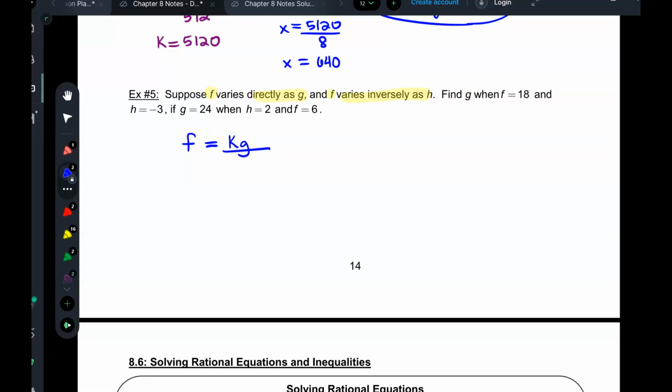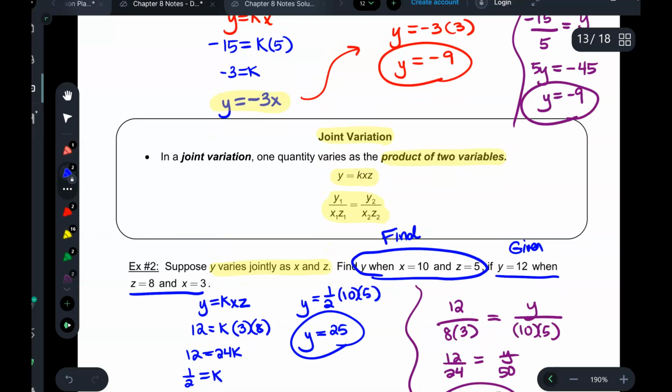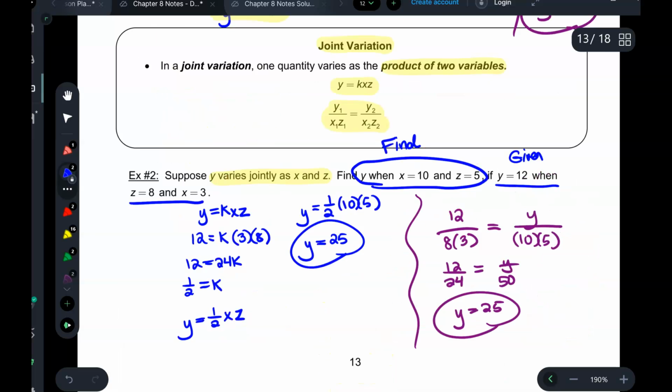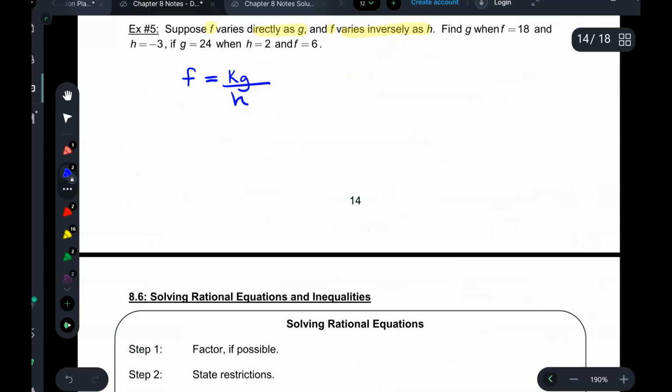So it's going to be K times G, and inversely as H, so I'm going to put H in the denominator. Whatever is inversely goes in the denominator. Direct was just K times that thing. So F equals KG over H.